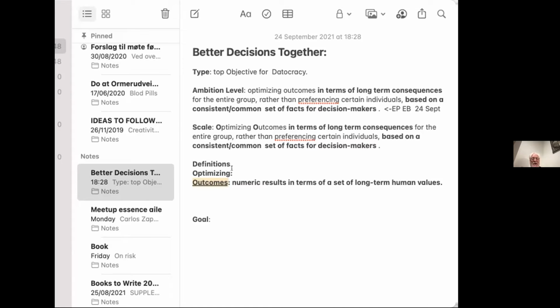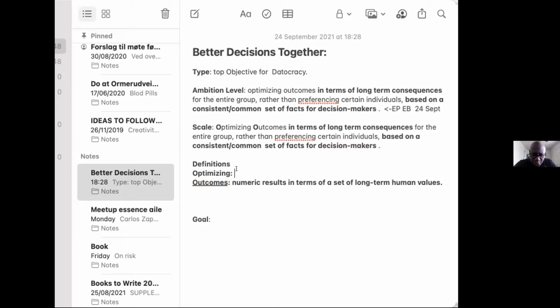Okay. Now, optimizing. Ernie, I'd like you to think about the meaning of the word optimizing, but Ernest, I'd like you to tell me your definition of the word optimizing. Give me a 10 words or less definition.